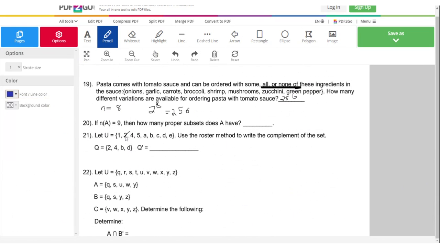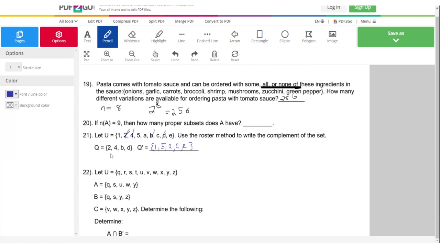Just taking out, and then what's left over is the complement.